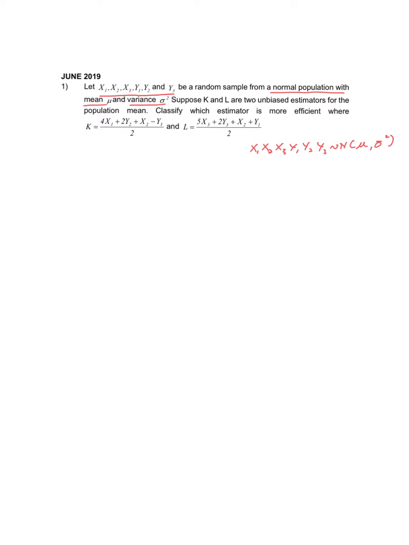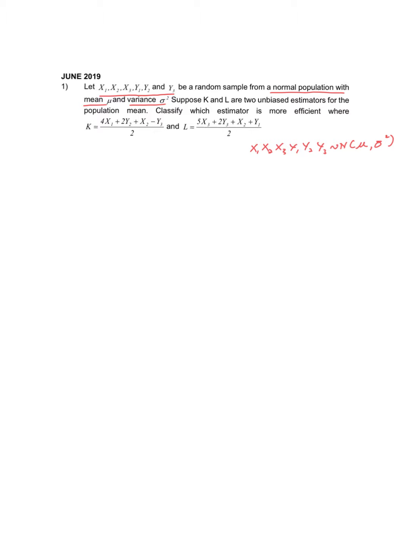Okay, so kita ada another two estimator untuk population mean, which we call it as K and L. K adalah 4x1 plus 2y2 plus x2 minus y3 over 2. And L 5x3 plus 2y3 plus x2 plus y1 over 2.